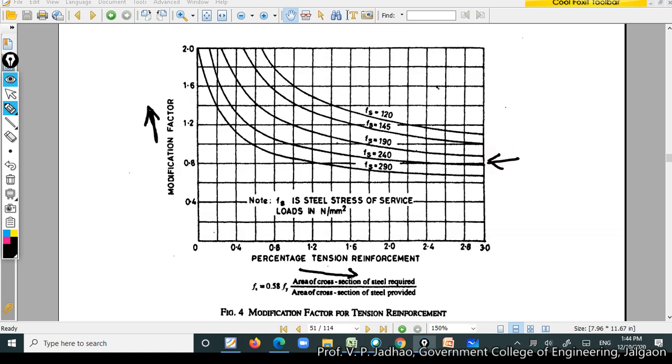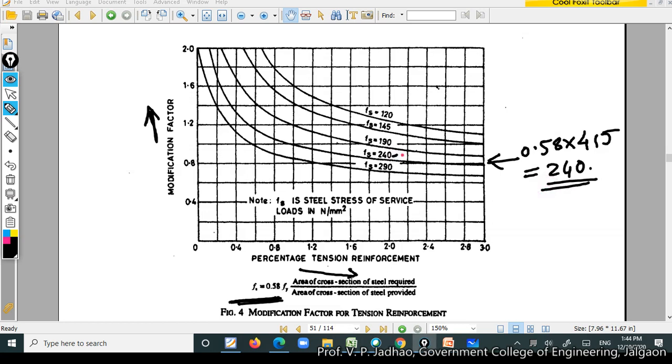This is for Fe415. If you multiply 0.58 by 415, you will get 240 point something. This formula is given here, that is fs is equal to 0.58 fy. So this is how we get this 240.